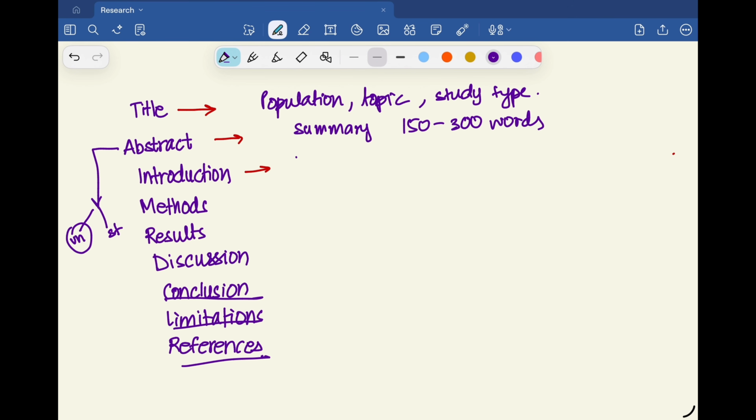They give you a background of the topic that they're studying, and they explain the problem in the introduction, as well as state their objectives. The author's job here is to convince you that there's a gap in the universe, and only their study can fill it. So it's a setup for their specific question.